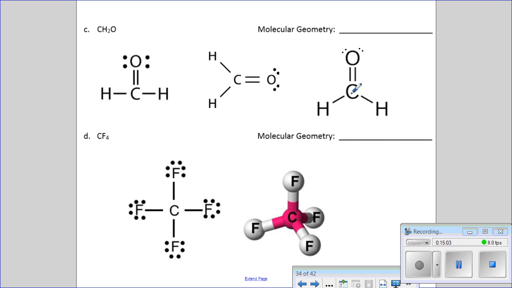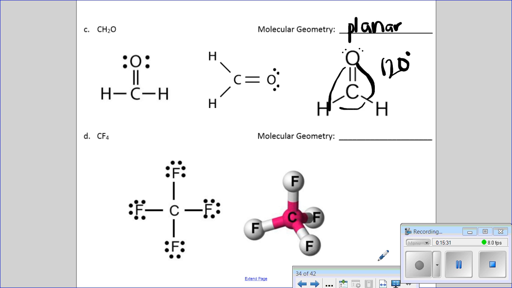And this is going to be trigonal planar because there are no lone pairs of electrons on that central atom. So those bonds are going to be able to get as far away from each other as they can. And when they're as far away from each other as possible, you're looking at 120 degrees of a bond angle. Okay, so that's going to be a planar structure.